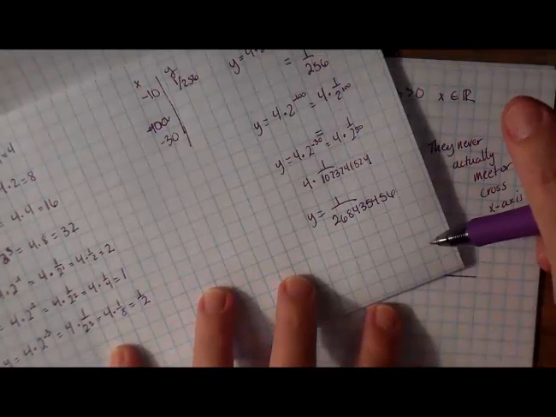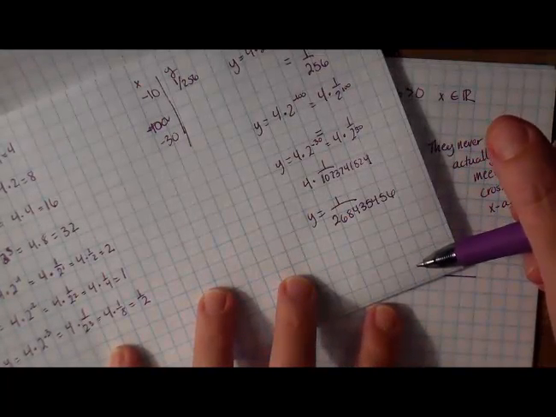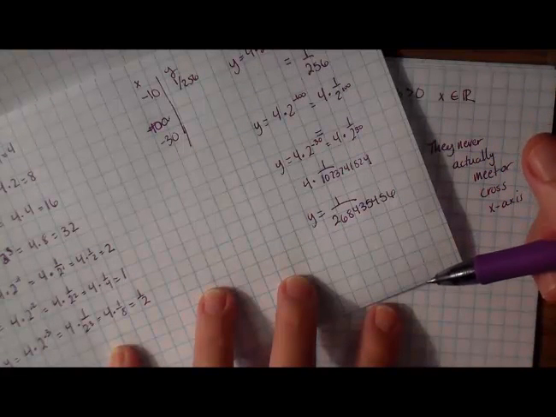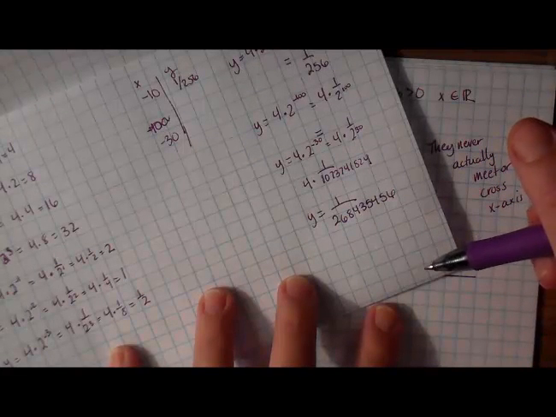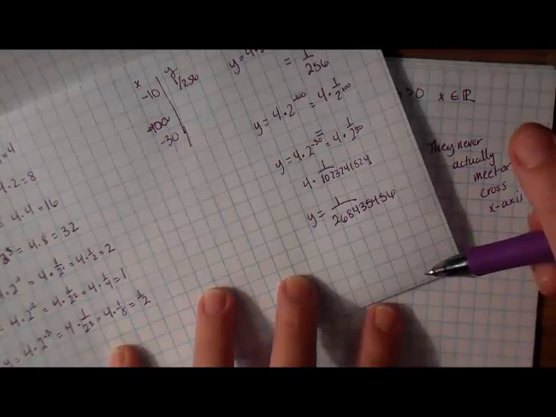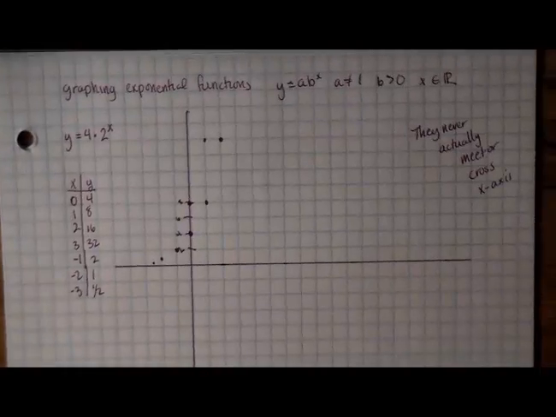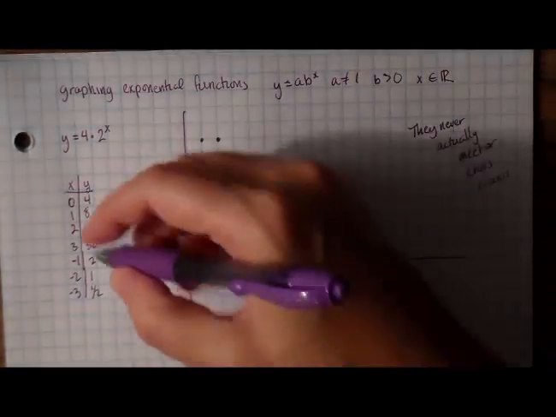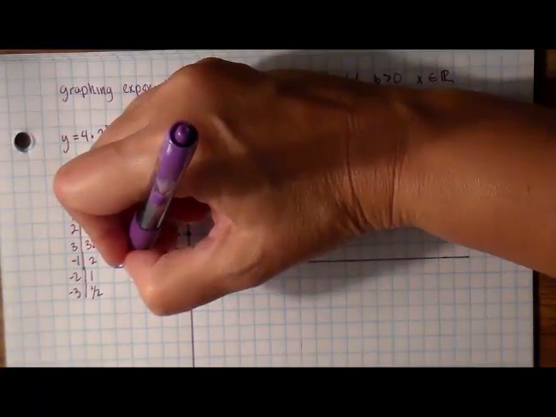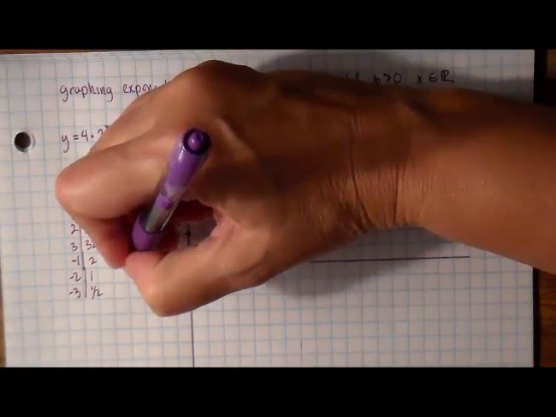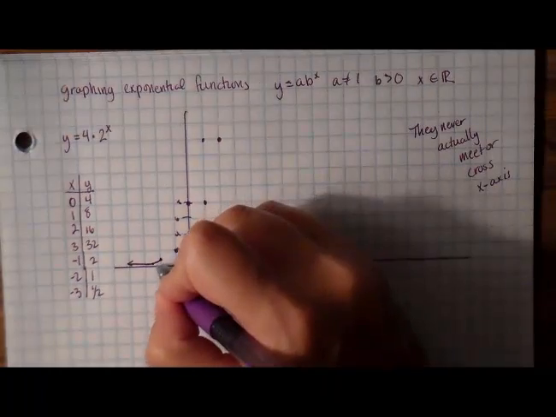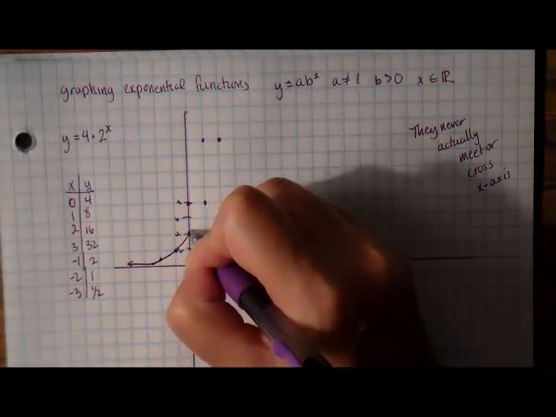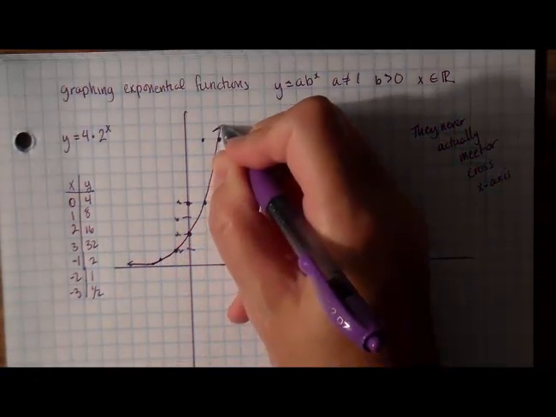But as you can see, I'm still not hitting 0. I will get infinitesimally close to 0, but I will never actually hit 0. So when you draw your exponential function, you come in along the x-axis, but don't touch it, and then you connect your dots like so.